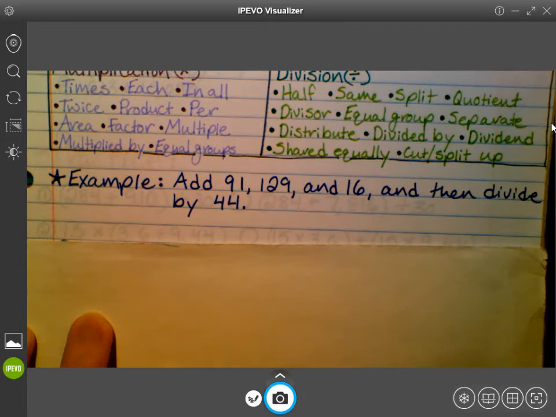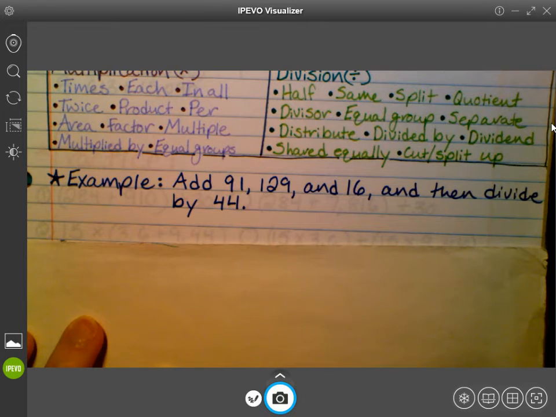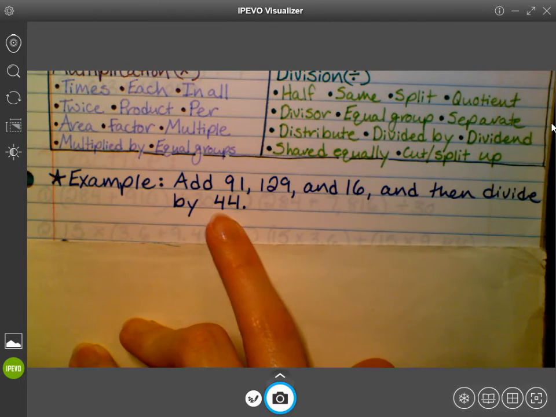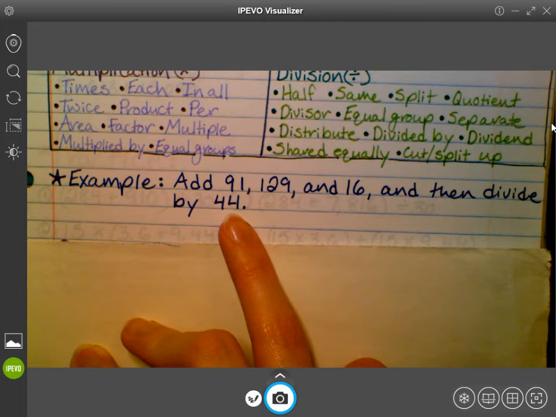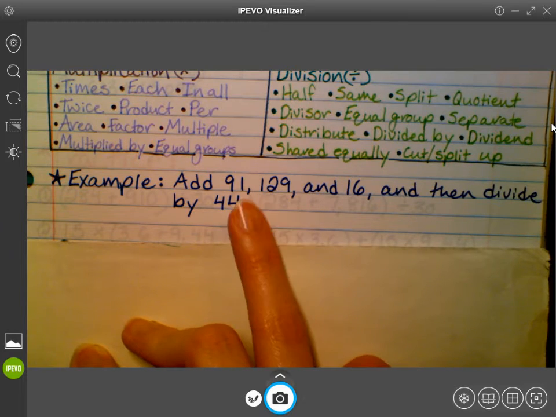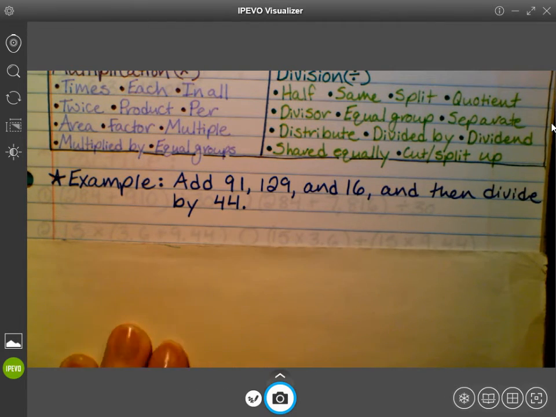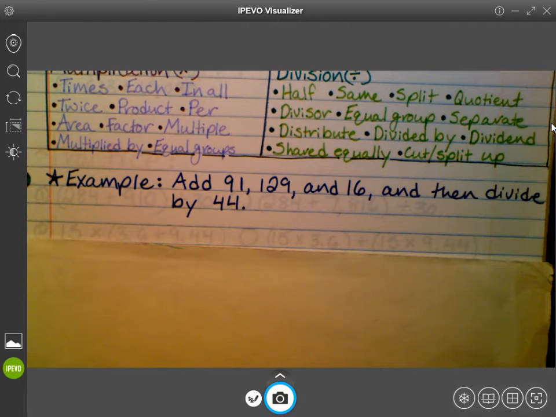So, our example is add 91, 129, and 16, and then divide by 44. So I want you to write down this sentence just so that you have the example written down. Maybe you think you've already done it in your head, but still write this down, please. So add 91, 129, and 16, and then divide by 44.